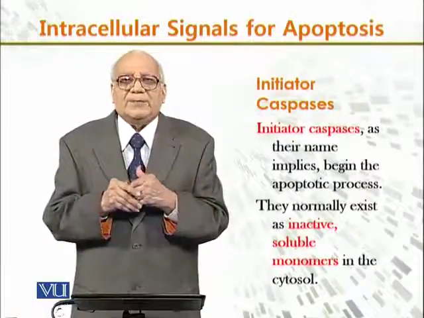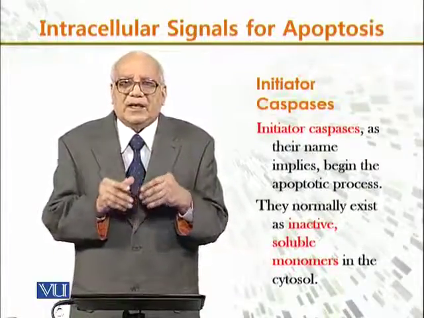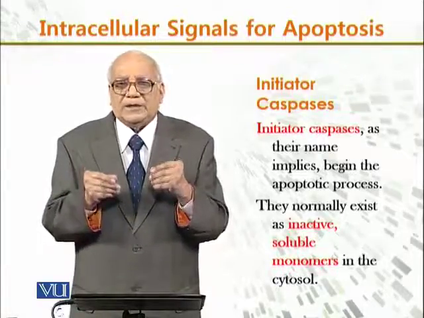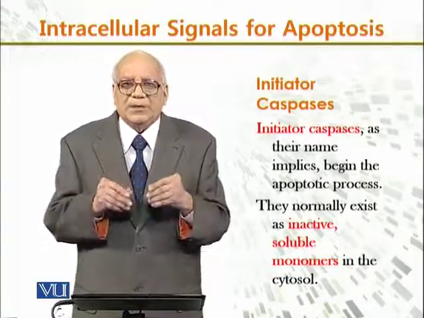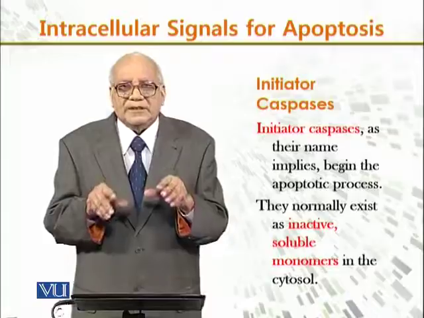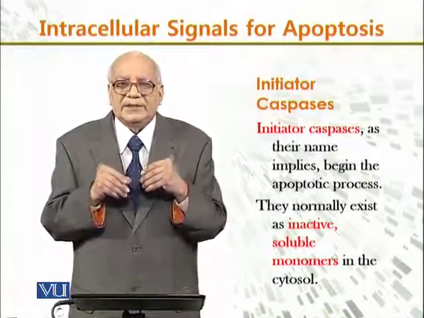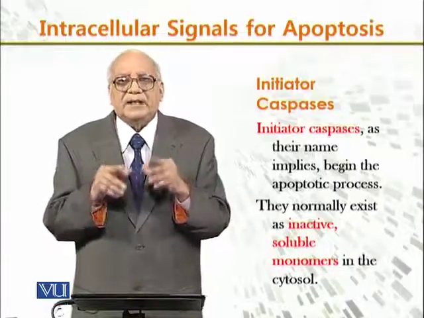Now, initiator caspases, as we have seen previously, as their name implies, begin the apoptotic process. They start the process of death. They normally exist as inactive, as already described, and they are soluble monomers in the cytosol.